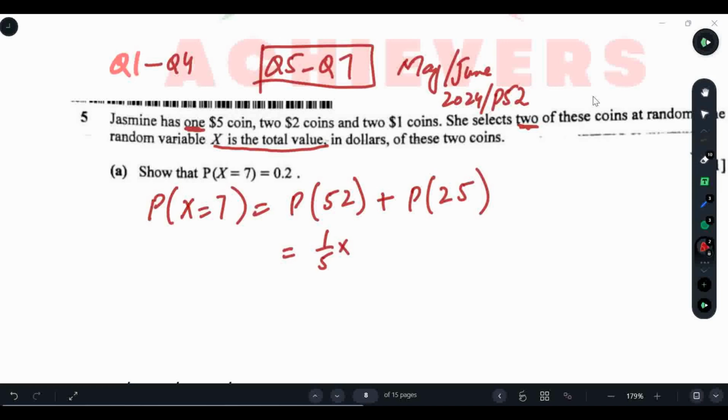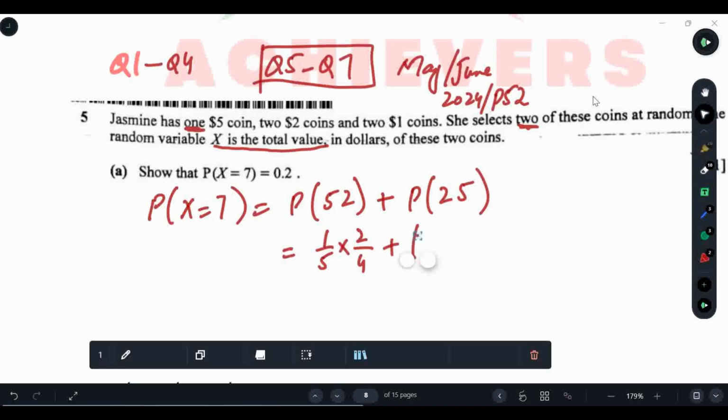We have 2 such coins, and the total number of coins now will be 4 because one coin has already been selected.